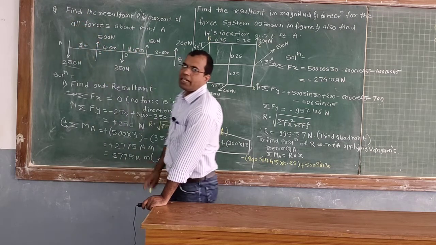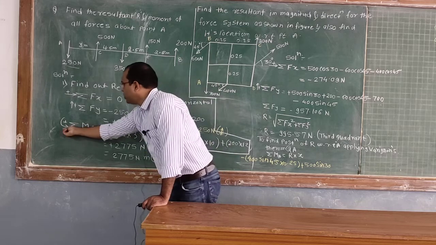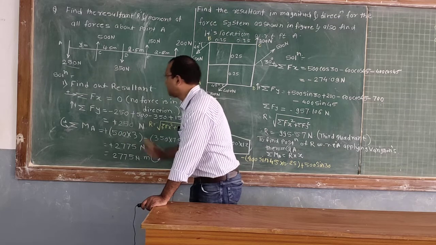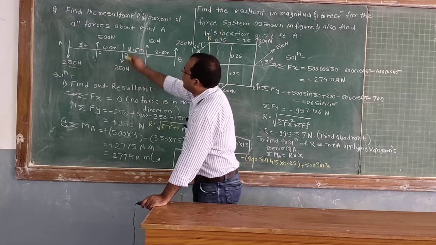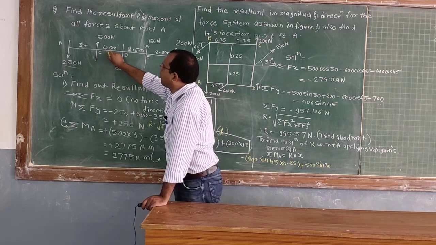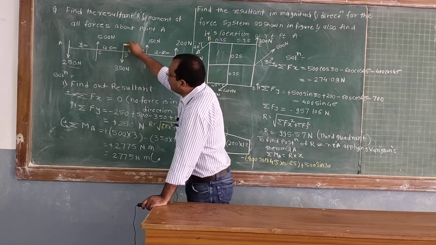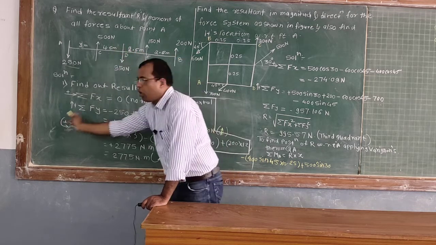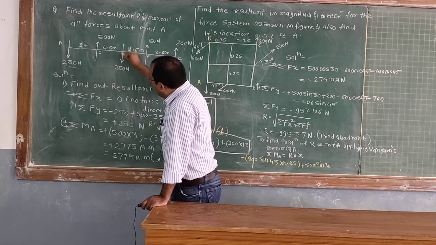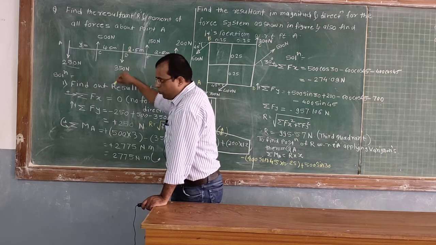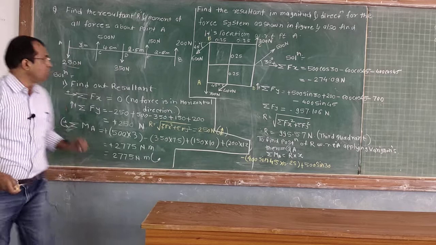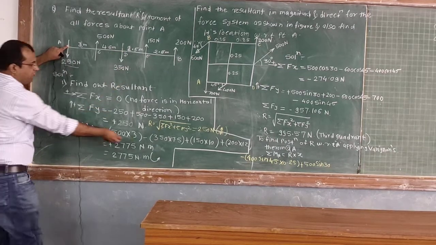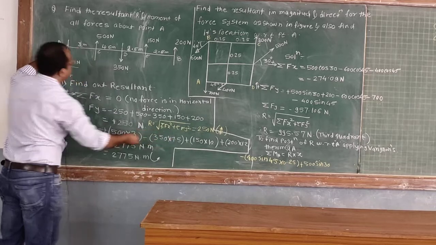Our assumption is that anti-clockwise is positive, so plus 500 into 3. The next force is 350. 350 into perpendicular distance 4.5 plus 3, that is 7.5. It will create the moment in a clockwise sense because this force is in the downward direction. Therefore, it is minus 350 into 7.5.